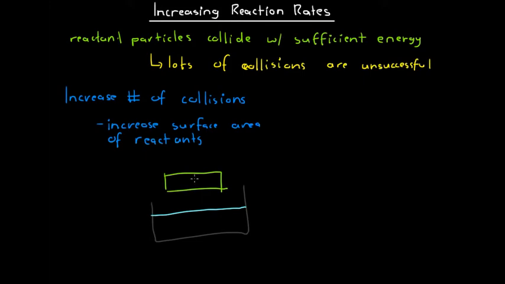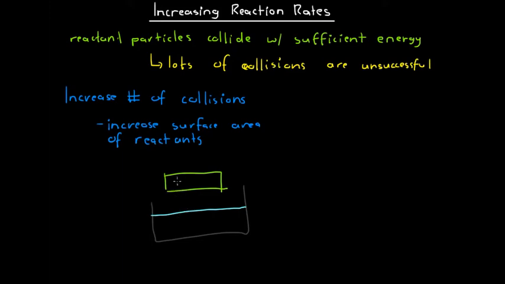The only metal particles that can touch our liquid are the ones on the outside, and thus they're the only ones that can react. And as the ones on the very outside react, they disappear, they dissolve into the liquid, and thus the ones slightly inside the surface can then collide with our liquid particles.